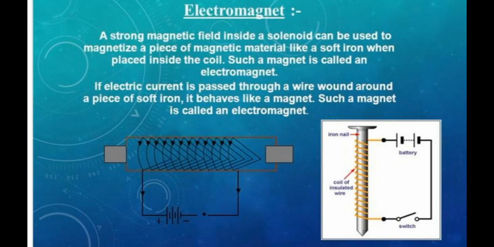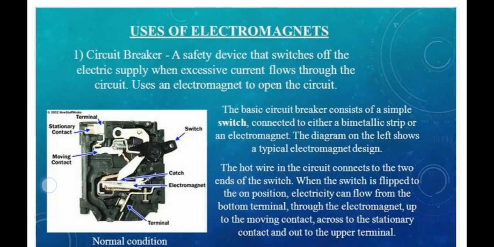The polarity of a permanent magnet cannot be changed, but for an electromagnet we can change the polarity by changing the direction of current. So these are the remarkable properties of an electromagnet, which have made it useful in our day-to-day life.